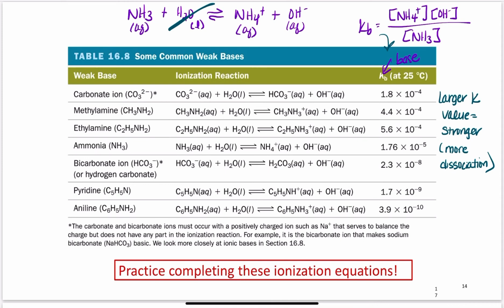You should practice these equations, these ionization reactions. Practice them, get comfortable with them. For bases, you're always producing hydroxide. For acids, you're always producing H+ or hydronium ions. But practice these, get comfortable with these concepts because they're coming back heavy through this chapter and the next chapter. We need you guys to understand this stuff.